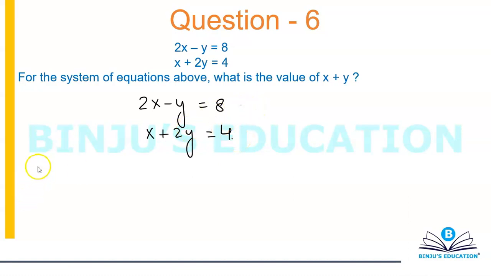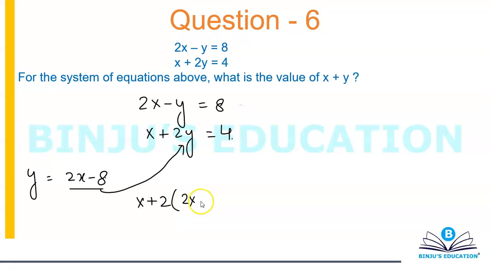So from equation number 1, I can say that y is equal to 2x minus 8, and I'm going to plug in this value here. So x plus 2 into 2x minus 8 is equal to 4. x plus 4x minus 16 is equal to 4. 5x is equal to 20, and x will be equal to 4.